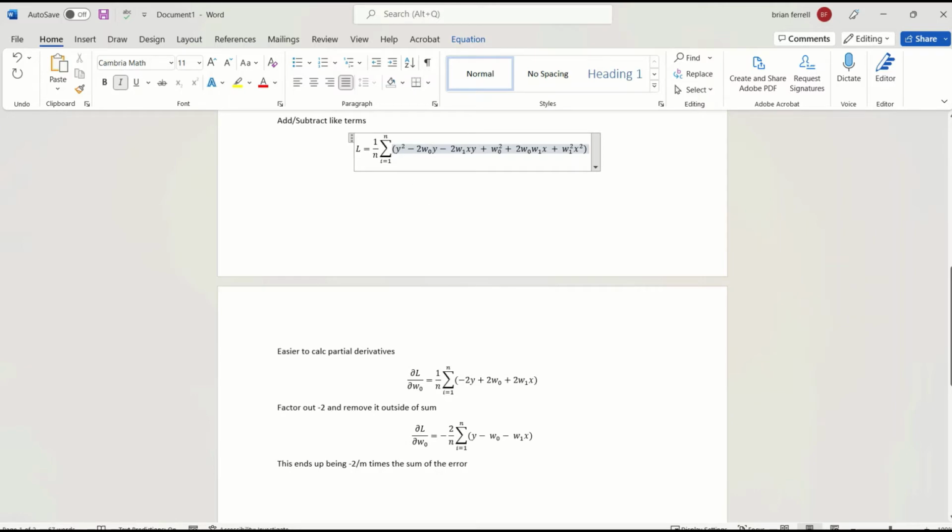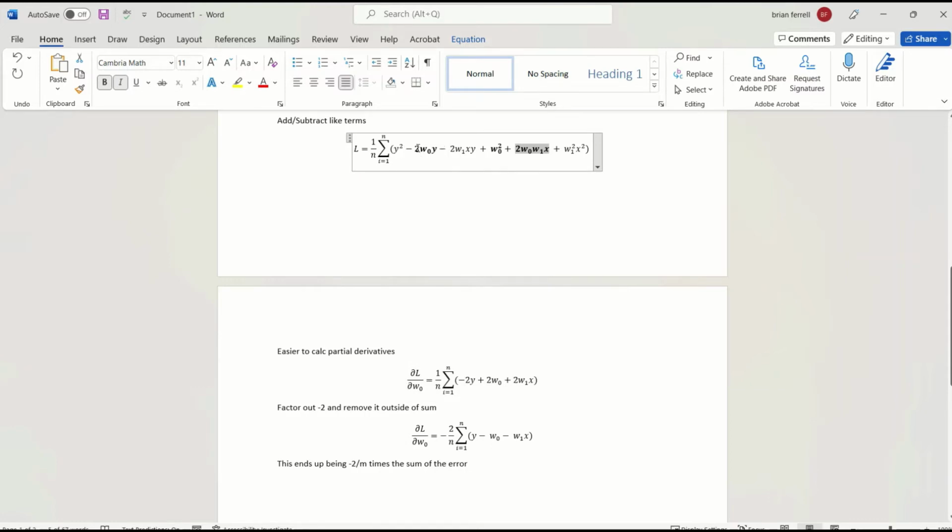So we have, let's see if I can bold, this one, and this one. And so the gradient of our loss with respect to weight 0, we really just have to focus on these, right?